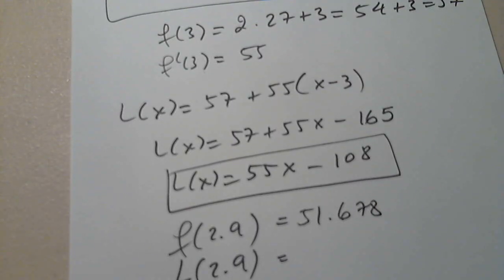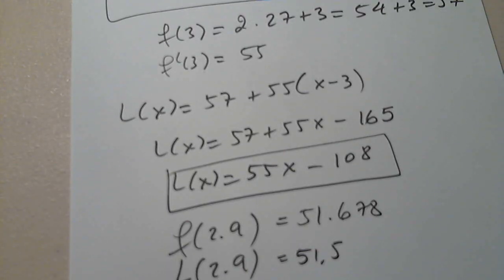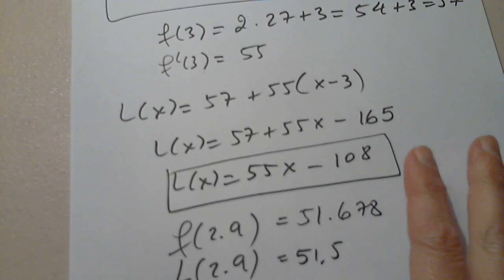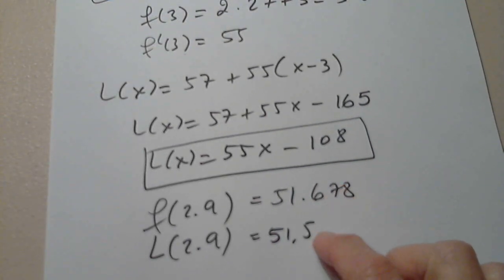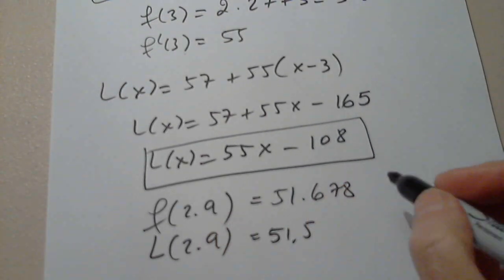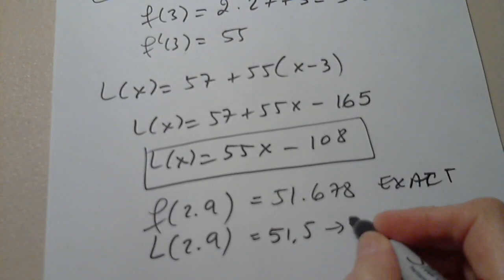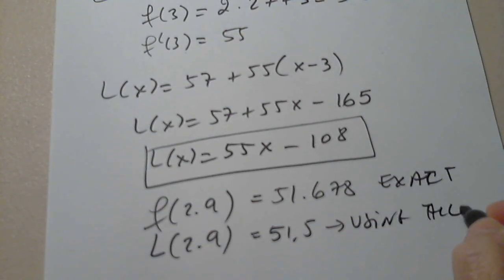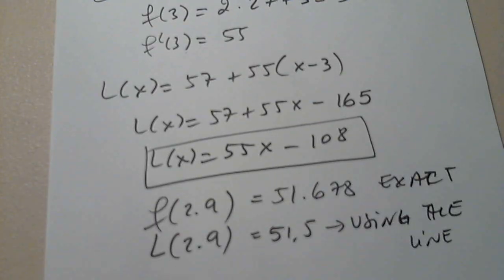And the second one is an approximation, which is 51.5. They are quite close because 2.9 is quite close to 3. So this is the exact, and this one is using the line that approximates the function near 3. Any questions on this problem?